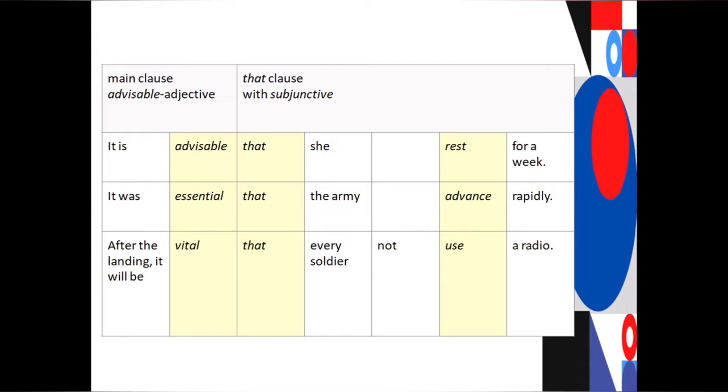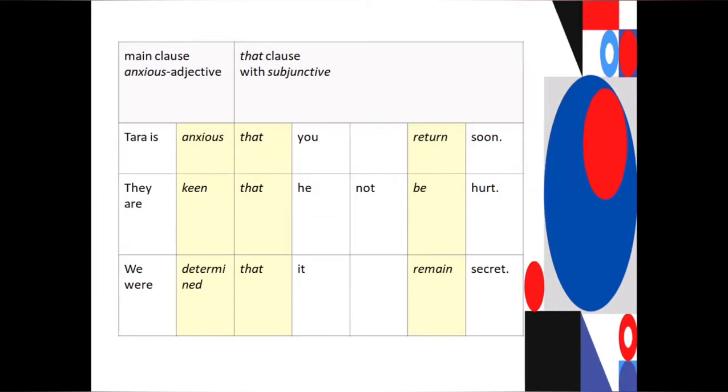Okay? It was essential that the army advance rapidly. Okay? After the landing, it will be vital that every soldier not use a radio. Tyra is anxious that you return soon.